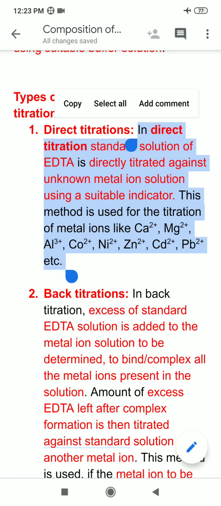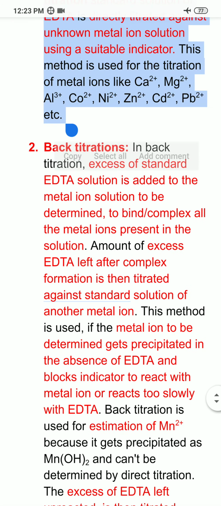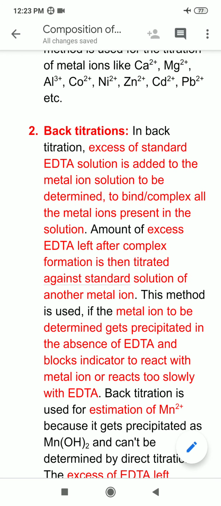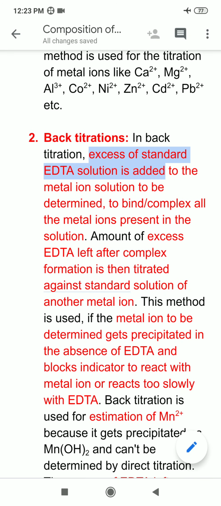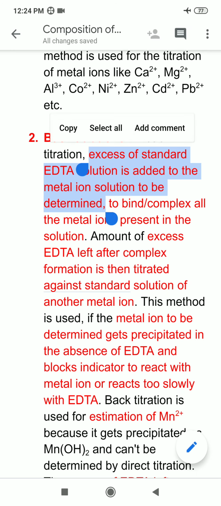Next is back titration. What is back titration? In back titration, we add excess of standard EDTA solution to the metal ion solution to be determined. If we add excess of EDTA solution to a metal ion solution, what will happen?